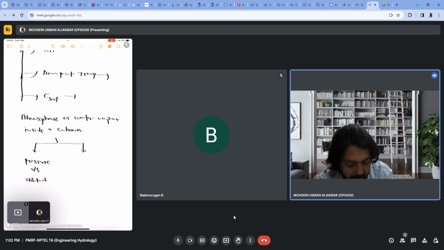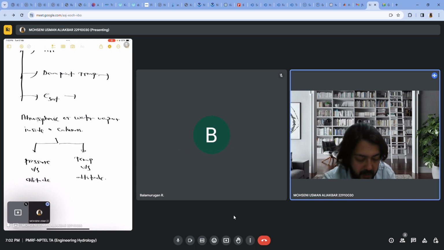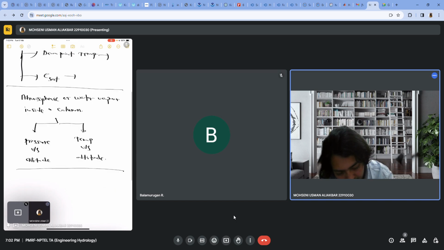We would like to see how pressure changes with respect to altitude, whether it increases or decreases. We'll derive a relation between pressure and altitude, and at the same time a relation between temperature and altitude as well. If you have already solved the assignment, you will see there were certain numericals that I asked that are based on this concept. This will be the second part of our session today: the relation between pressure and altitude, and temperature and altitude.